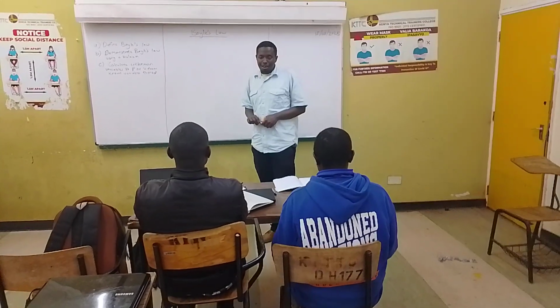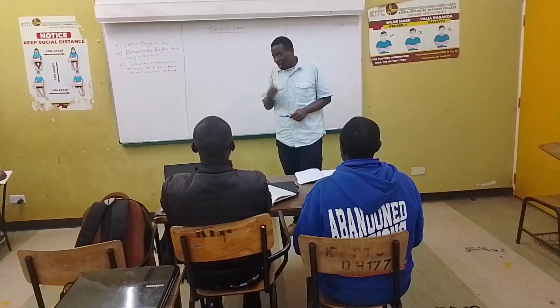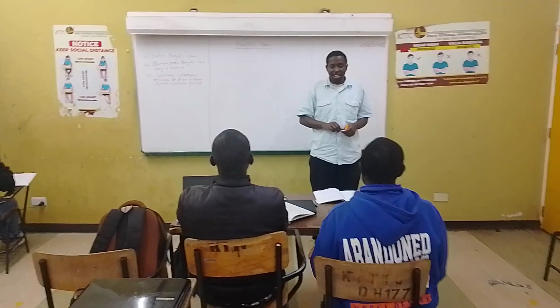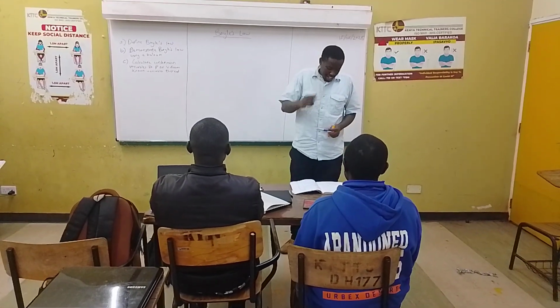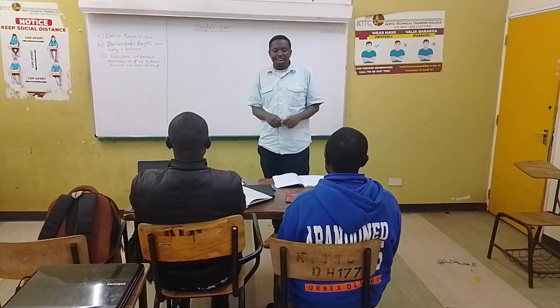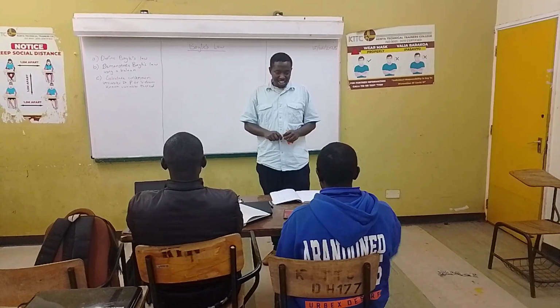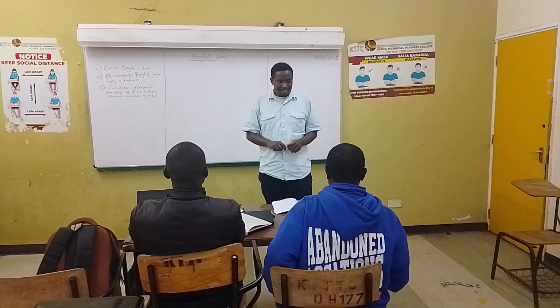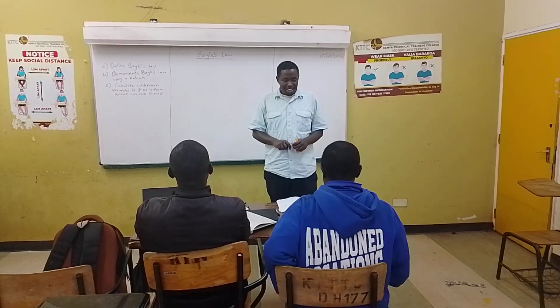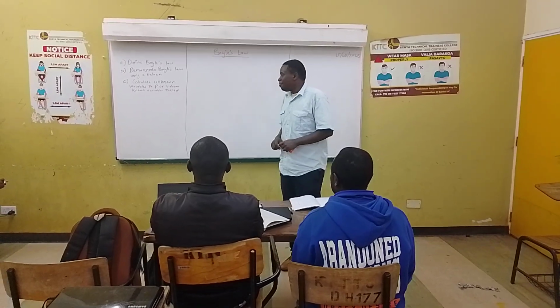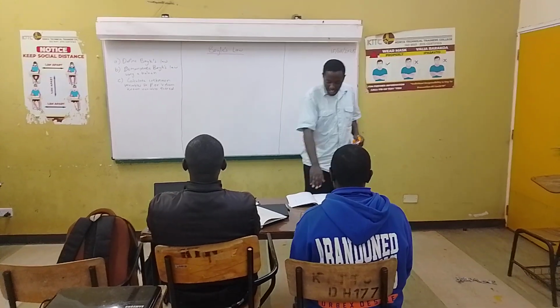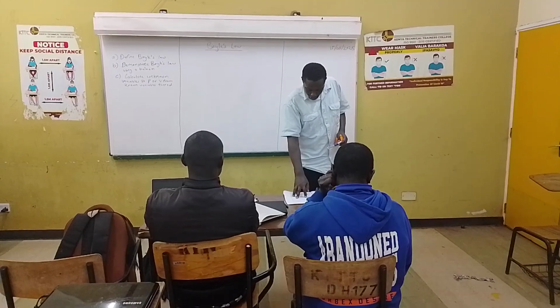Very good. Pressure is force per unit area. So that means we are dealing with force and area. Please define for us what volume is. Volume is the amount of space an object or substance occupies. Very good. Volume is the amount of space that a substance occupies.